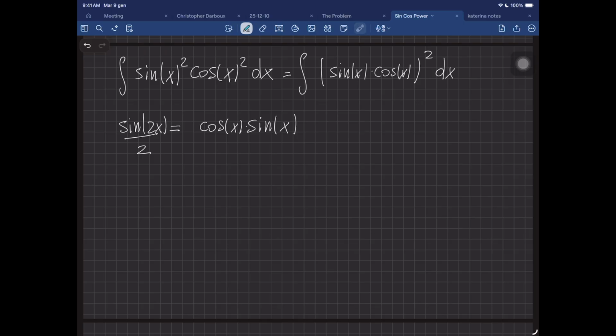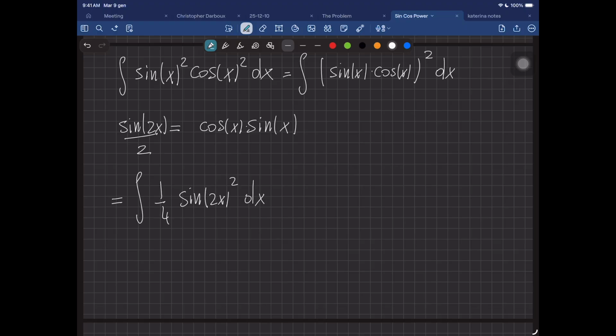And now we know that the cosine of x times the sine of x here is equal to the sine of 2x over 2, which means that I can rewrite this integral as 1 over 4 the sine of 2x squared dx. Okay, and now there is really no other trickery involved.